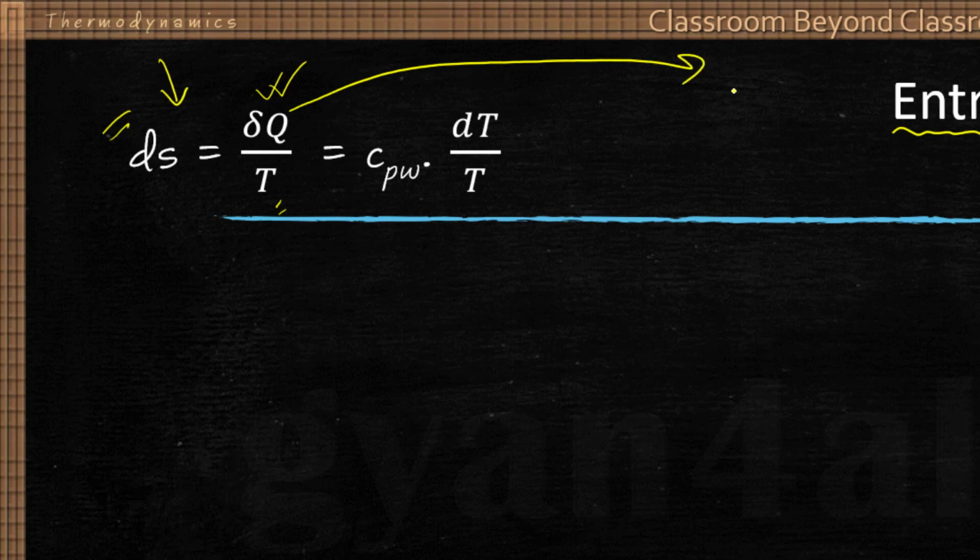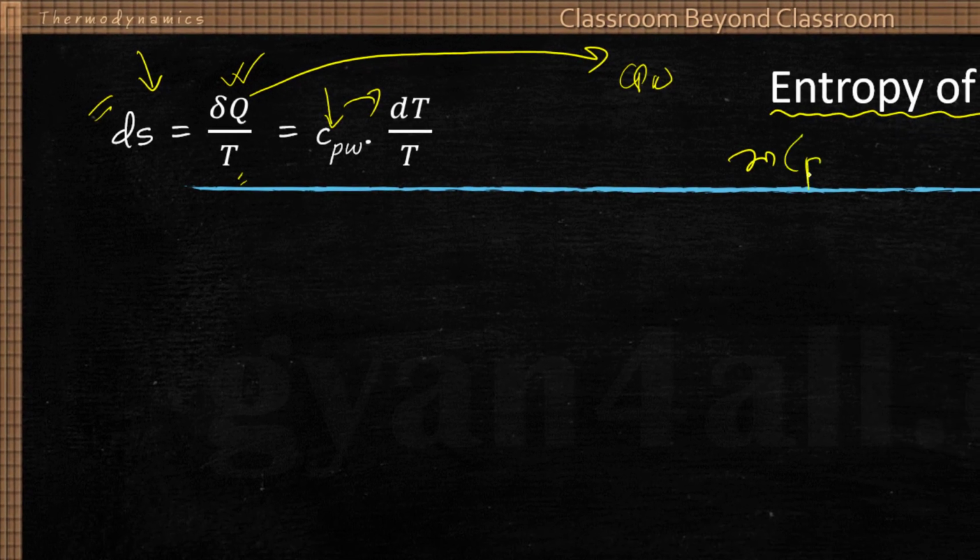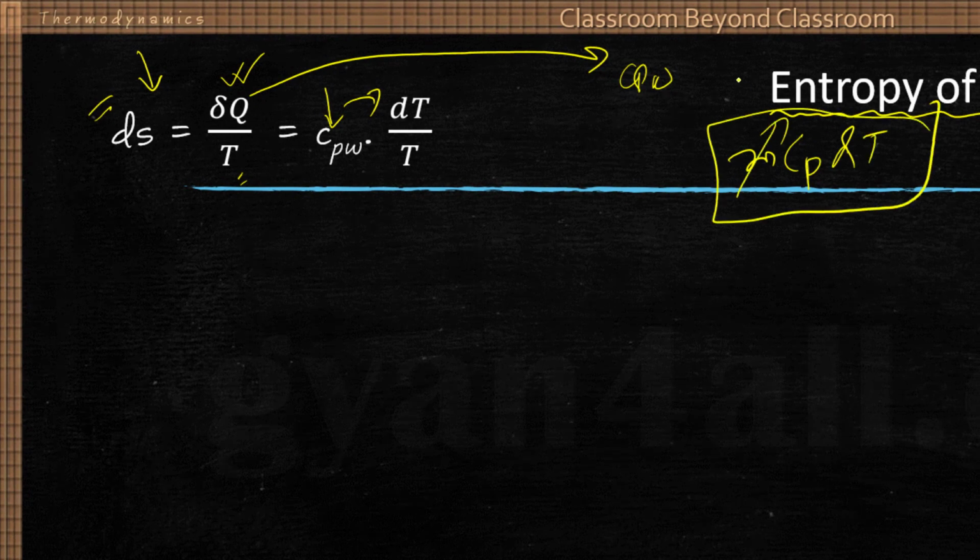We know we are talking about production of steam at constant pressure, so delta Q is CPW dt. We know mCp dt is the amount of heat, where m is equal to 1, Cp is CPW, the specific heat of water, and dt is the temperature difference. And delta Q is divided by T.